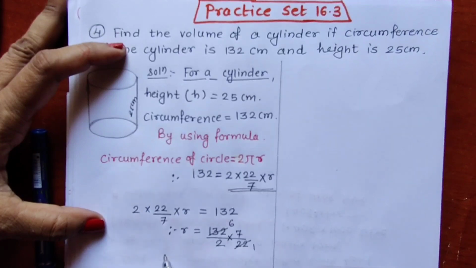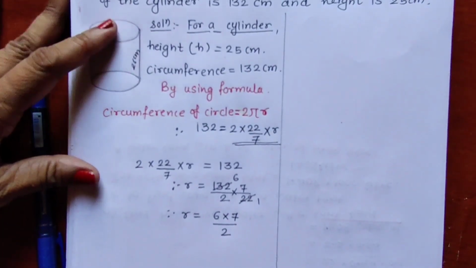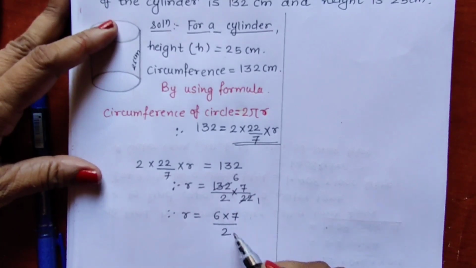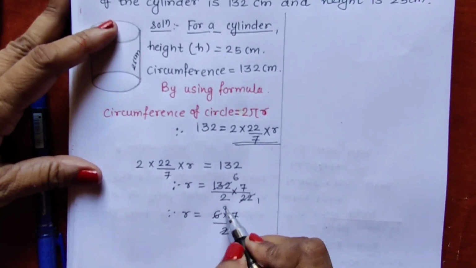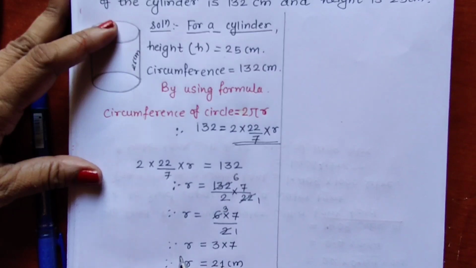So what we are getting, r is equal to 6 into 7 upon 2. So again this 6 can be cancelled by 2. 2 ones are 2, 2 threes are 6. We are getting R is equal to 3 into 7, and therefore R is equal to 3 sevens are 21 centimeter.